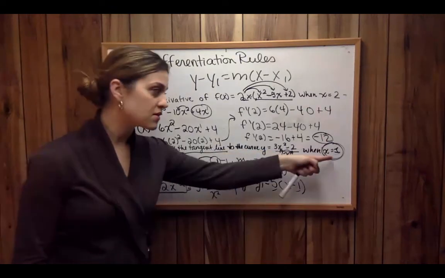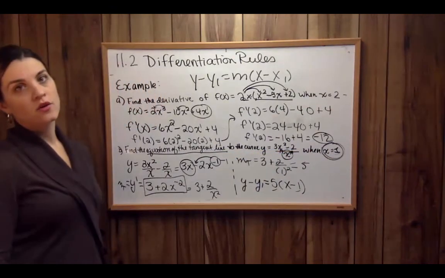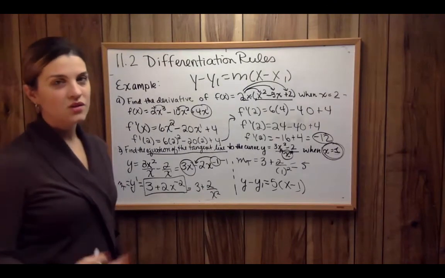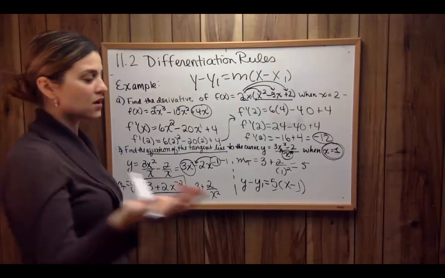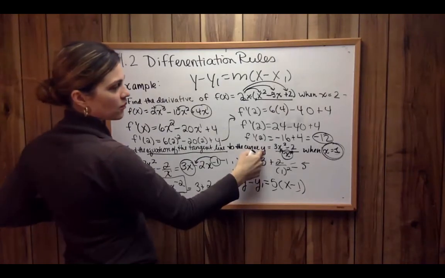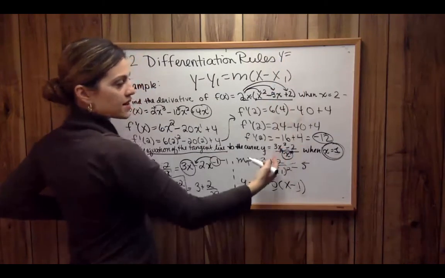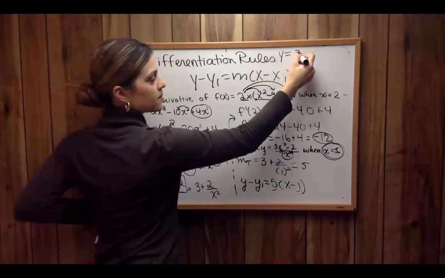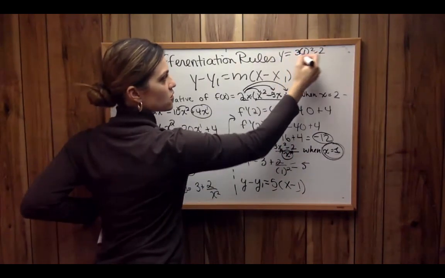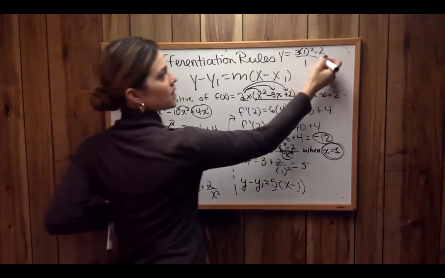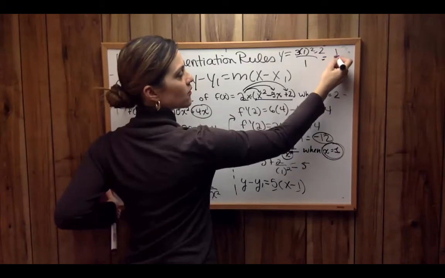I'm given an x. If you substitute the 1, you're going to get the y value when x is 1, just like you would have done back in the day. So you just have to remember to do that. So to find that y value, we look here and we say, okay, when x is 1, y is going to be 3 times 1 squared minus 2 all over 1, which is going to be 3 minus 2, which is 1 all over 1.